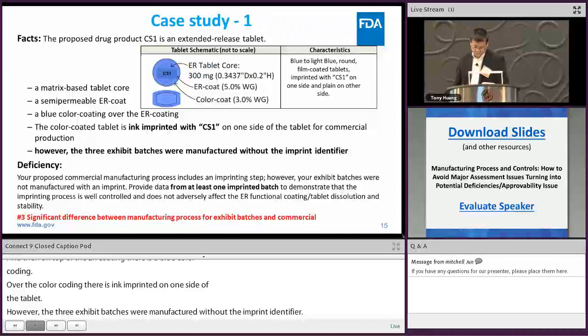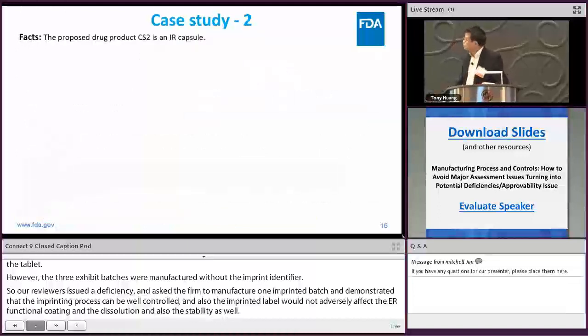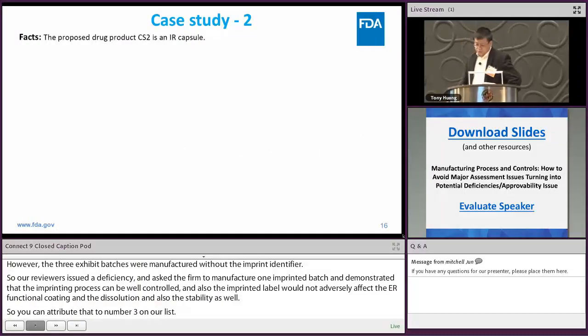So you can attribute this back to number 3 in our list, the significant difference between manufacturing process for exhibit and commercial batches.